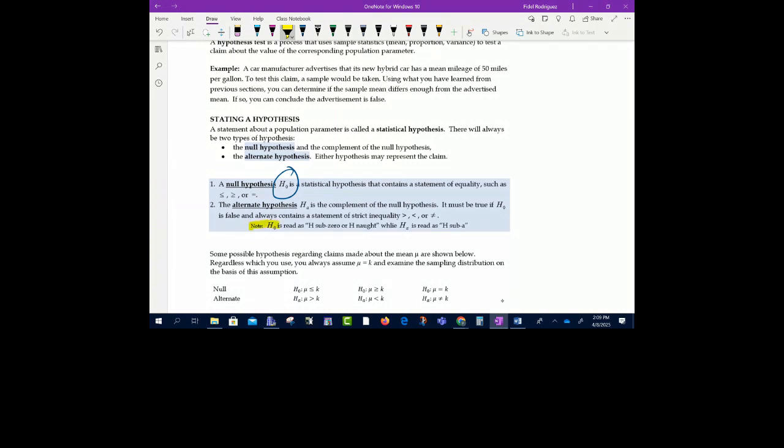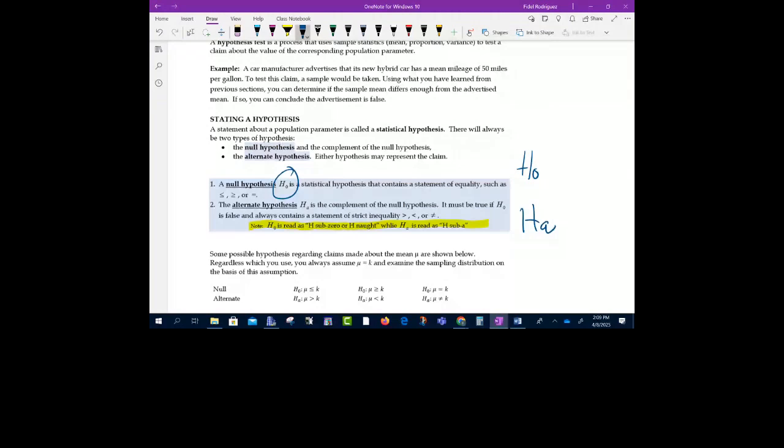The formal way to read H with a little zero and H with a little A is H sub zero or H naught, and H sub A. I never call it H sub zero or H sub A. I call it the H0 and the HA because it's easy for me to remember.